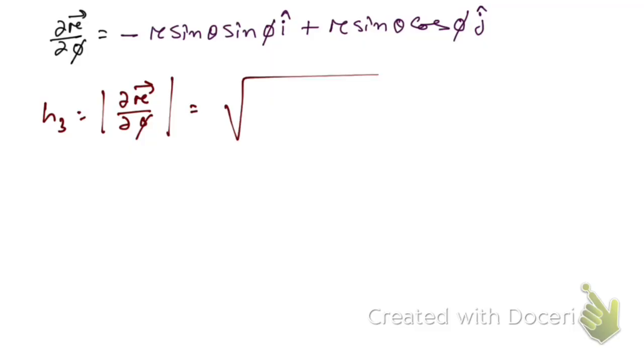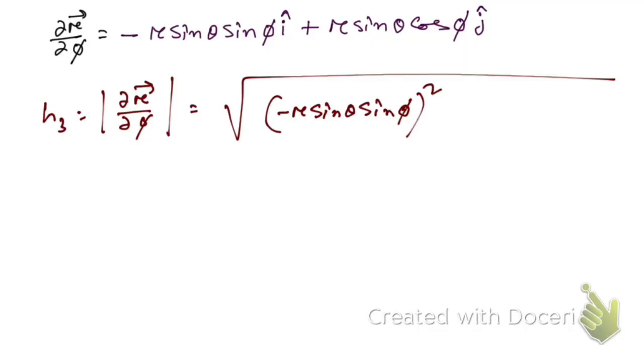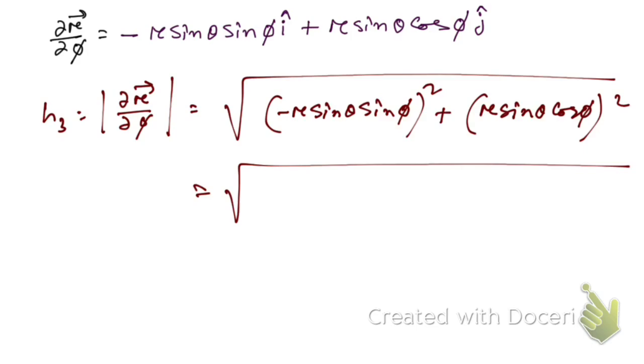So its modulus, again the same procedure: minus r sine theta sine phi, this squared, plus r sine theta cos phi, again squared. So the square of this will be equal to r square, negative will be positive, sine square theta.